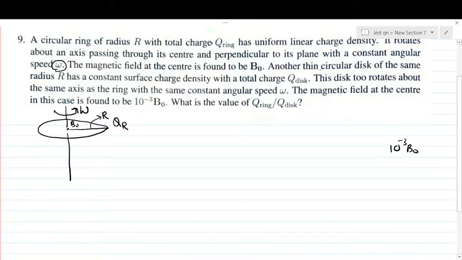Then another thin circular disc of the same radius r has a constant surface charge density with a total charge Q disc. Okay, this disc too rotates about the same axis as the ring with the same constant angular speed omega. Okay, this is the disc.